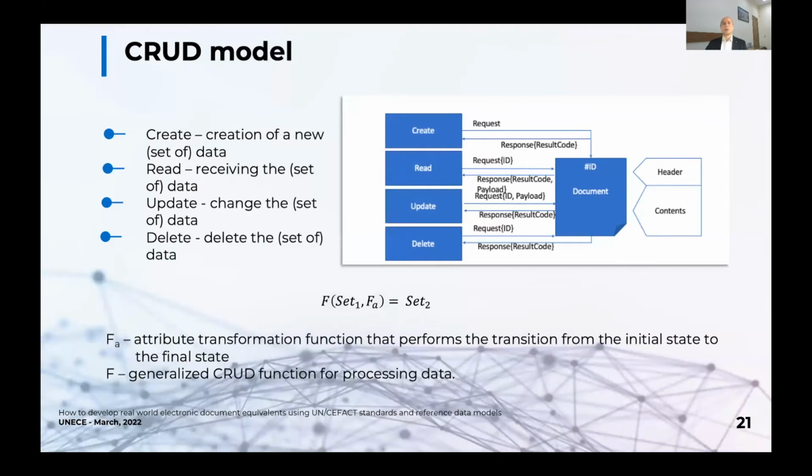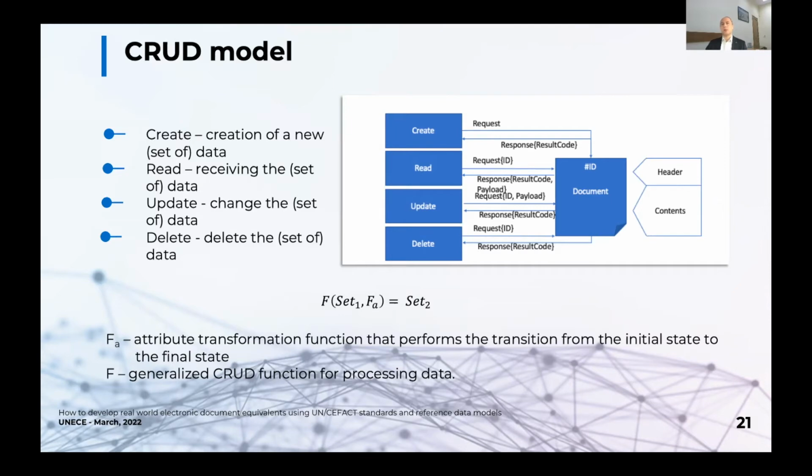Considering the fact that even for the simplest process, the number of such functions can be large and grow exponentially with an increase in the number of states and connections between them, it's advisable to consider the possibility of reducing the entire possible set of functions to a limited number.